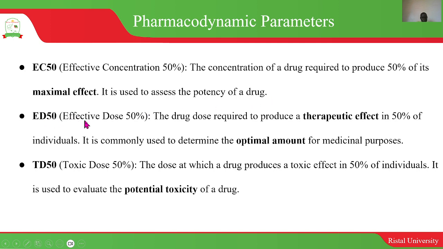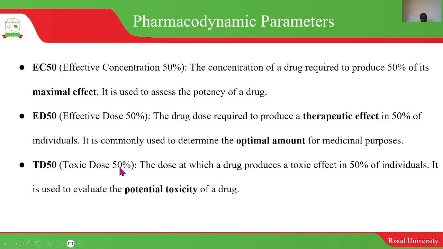The ED50, the effective dose 50%, is the drug dose required to produce therapeutic effect in 50% of the individuals. It is commonly used to determine the optimal amount for medicinal purposes. So it gives us the optimal milligram, the optimal amount we need to treat this particular disease.